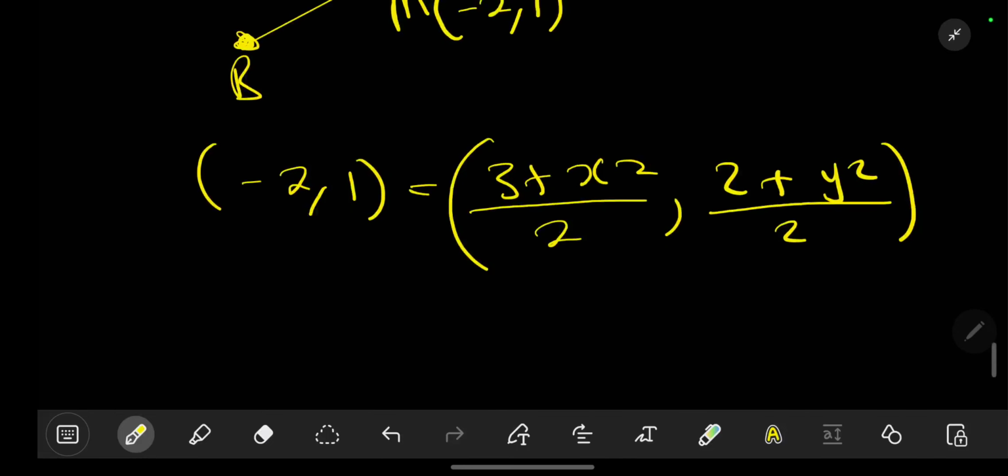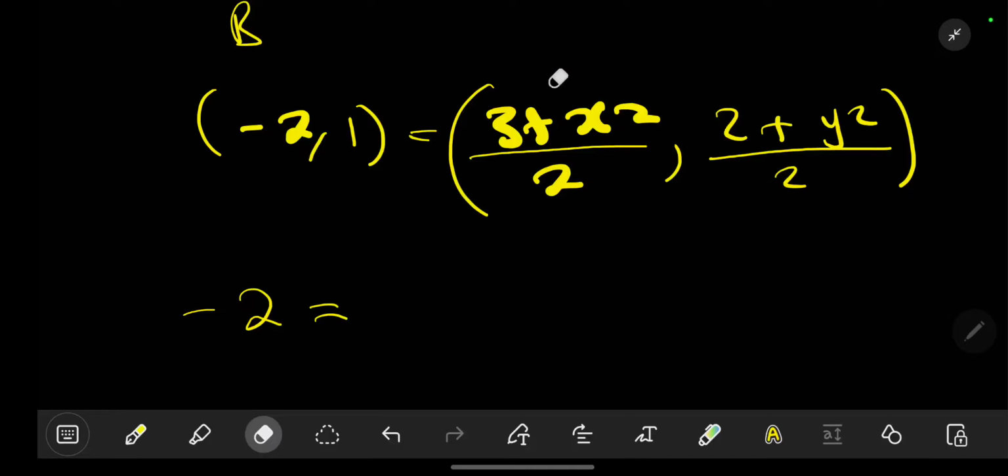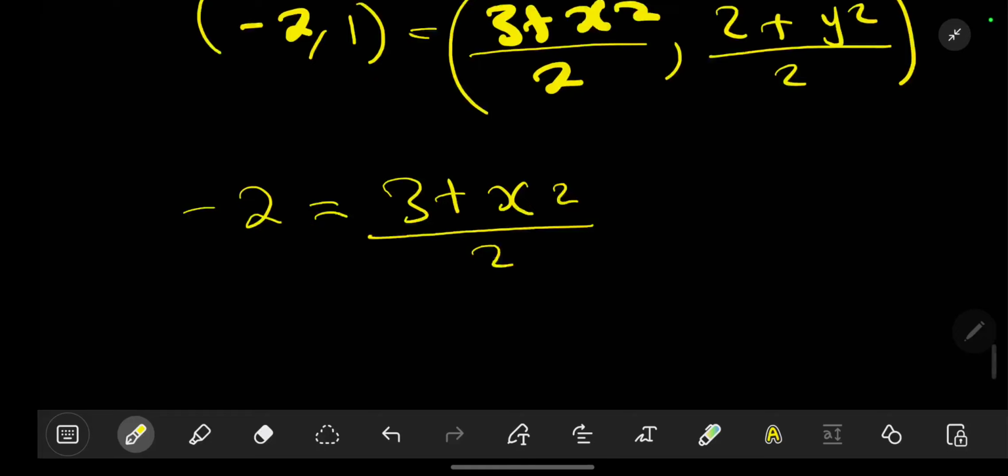Now if you look, this is the x coordinate, so it should be equal to the other x coordinate. So we are going to say -2 should be equal to 3 plus x2 over 2, because whatever you get from here is the one that is producing this -2, so you equate them.